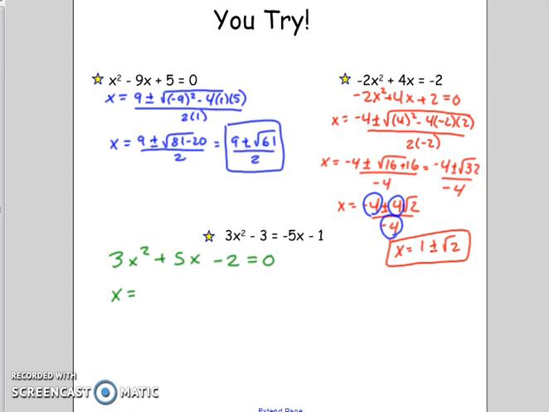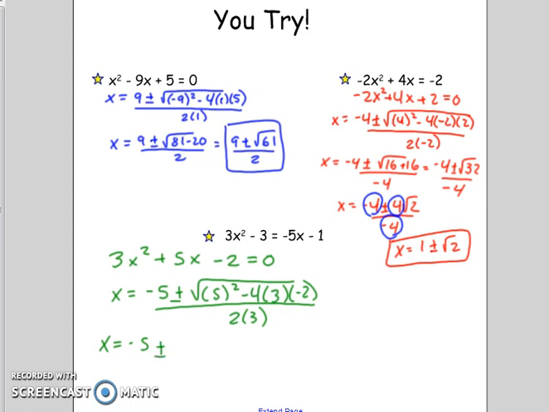X equals negative b plus or minus the square root of b squared minus 4ac all over 2a. So we have x equals negative 5 plus or minus the square root of 25 plus 24 over 6. So negative 5 plus or minus the square root of 49 over 6.